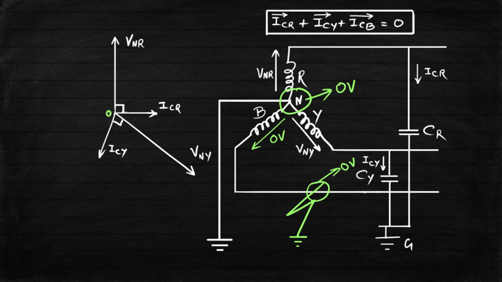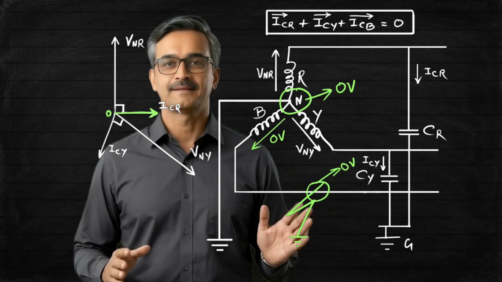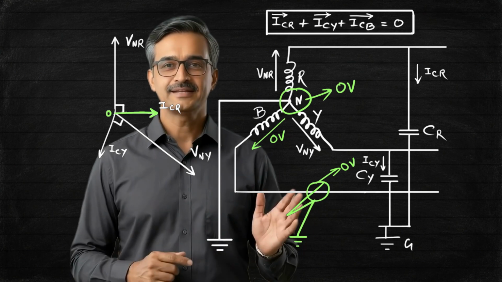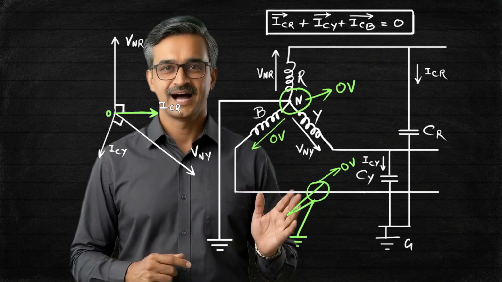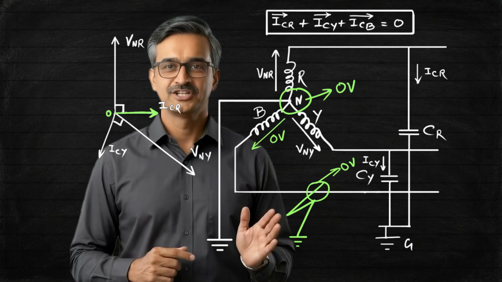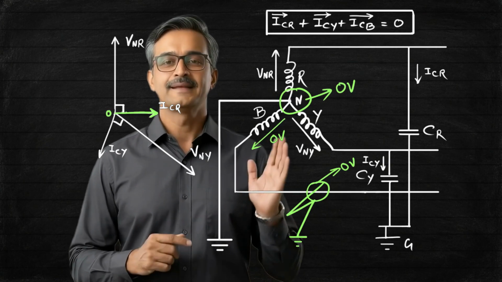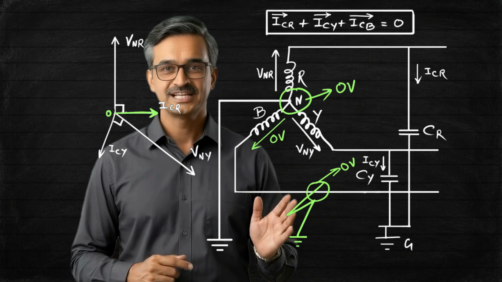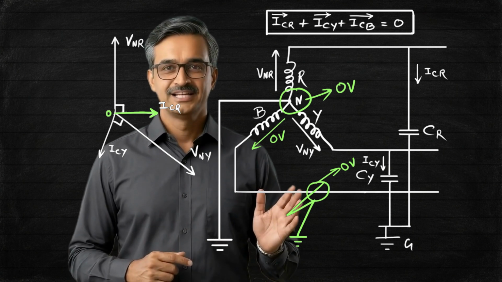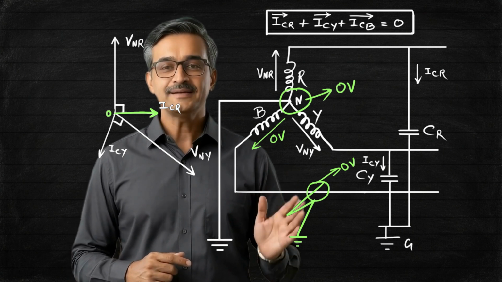Now notice something very important. The capacitive charging current ICR remains practically the same as it was under healthy operating conditions. Why? Because, as we shall see, the phase voltage of the healthy R phase does not change appreciably after the fault. Since there is practically no change in VR, there is practically no change in the charging current.